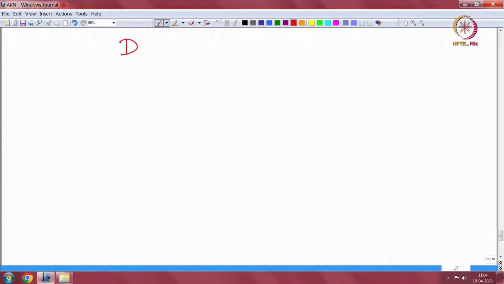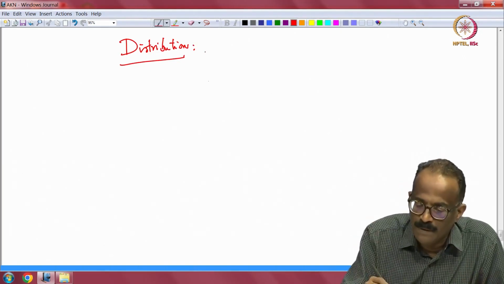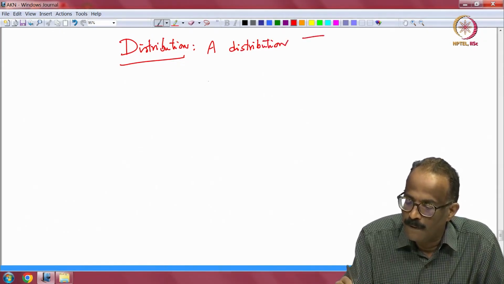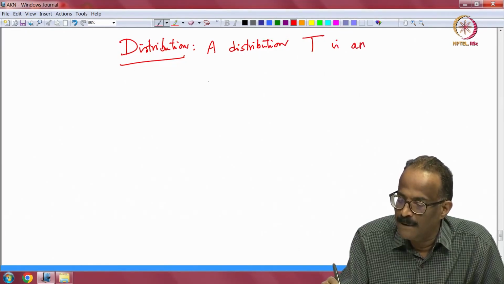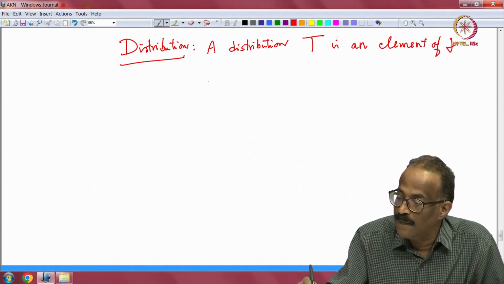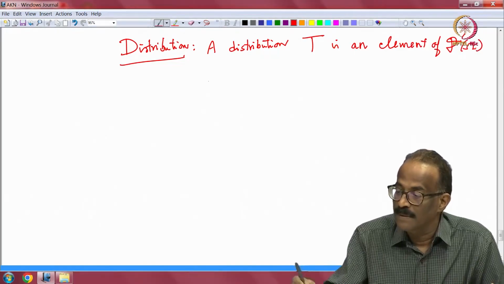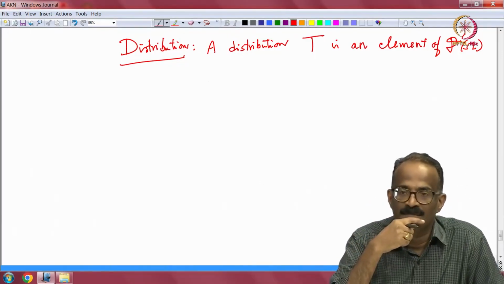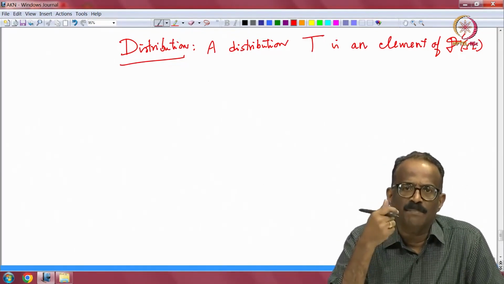Distribution. In simple terms, a distribution T is an element of the dual D prime of omega, because D omega is given as a topological vector space, locally convex topological vector space, and D omega, the only trouble is it's not metrizable.